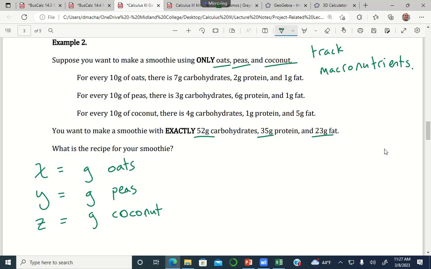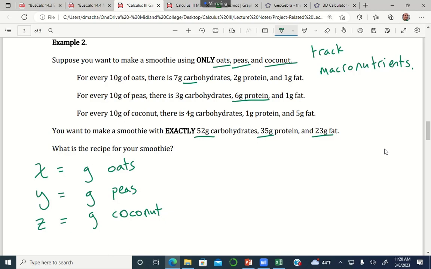And to get an intuition for the problem, oats are primarily carbs. And so if I make a mixture of oats, peas, and coconuts and I'm a little bit low on carbs, I should add more oats to the mixture to boost the carb count. Peas are particularly high in protein, and so if I have a mixture of my oats and peas and coconut, and it's low in protein, then I should add more peas to boost the protein count.